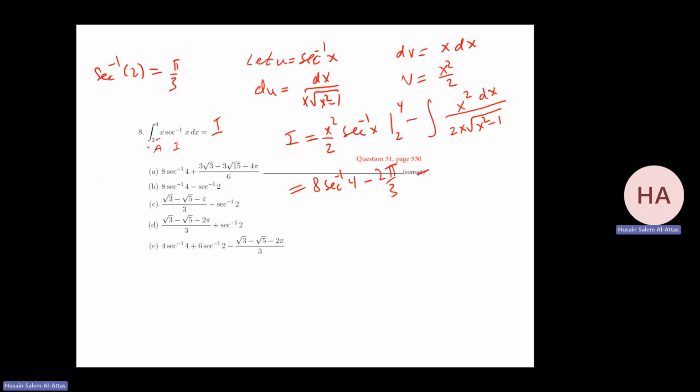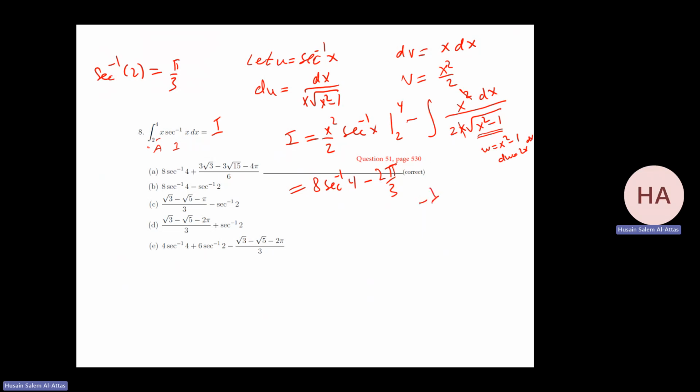Minus this integral. Let me do this integral. Yeah, this will be cancelled. So I have minus half. Let w be x squared minus 1, dw will be 2x dx. So I need another 2.